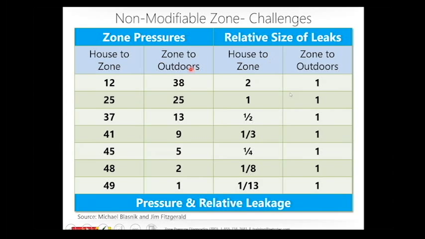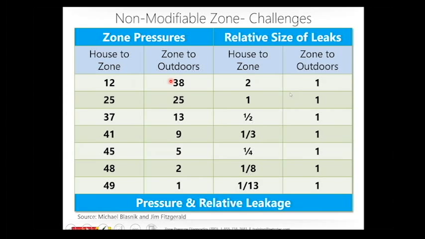So we'll use this column to talk about some of the tests that we did. We'll take Joe's example about testing the crawl space. He tested the crawl space zone with reference to the house, and he got a 12. Then that means that the remaining 38 is the zone to the outside.